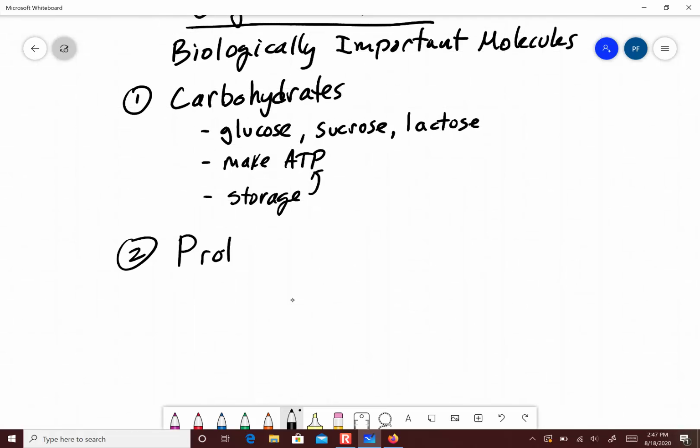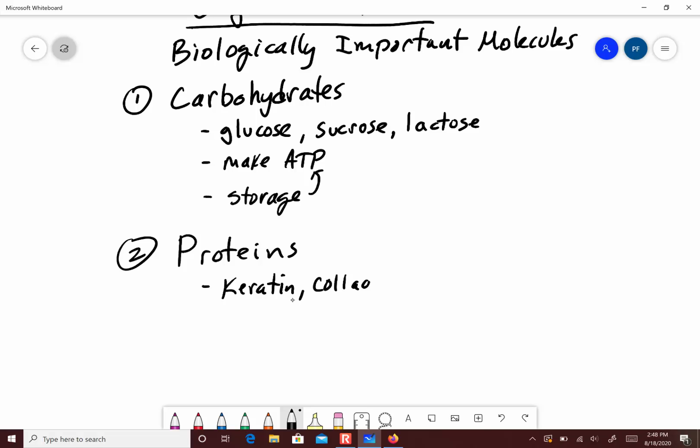Okay, proteins. For proteins, some common examples. Now these are common examples. You may not necessarily have heard of all these things, but these are all common proteins. So in hair and skin, there's a protein called keratin.